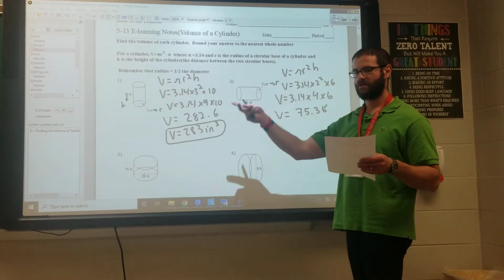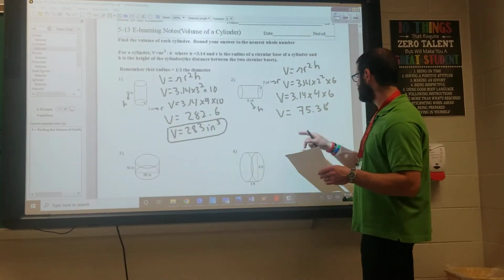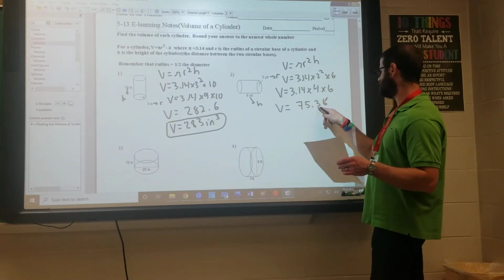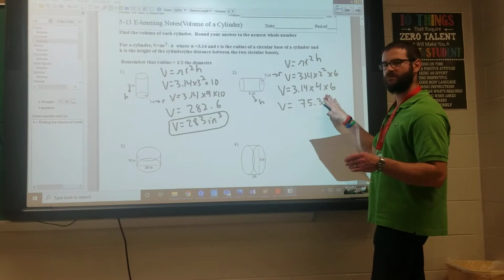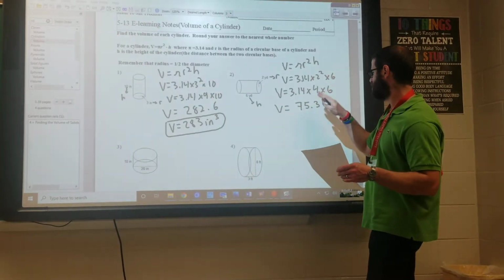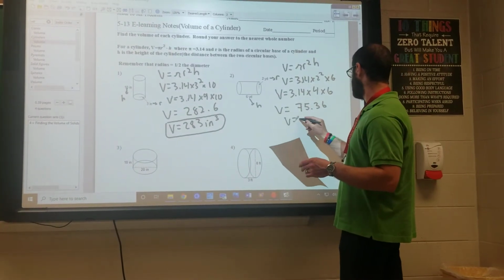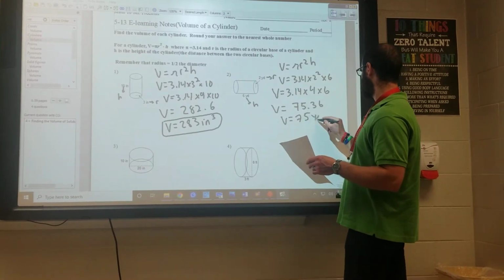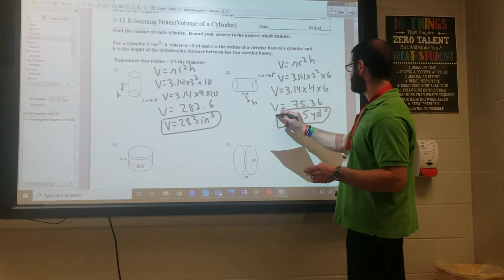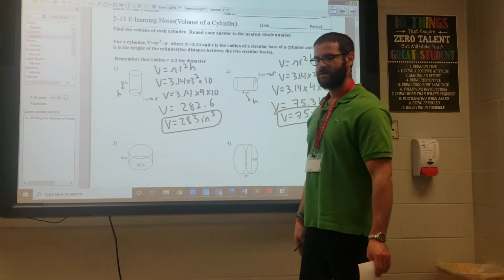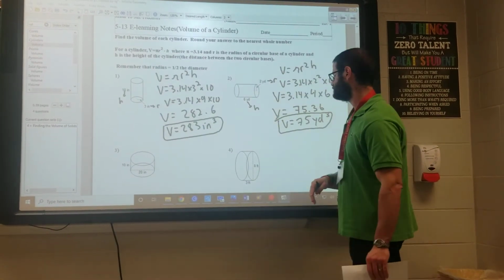Remember, we're rounding to the nearest whole number, so we just look at the first place after the decimal. Since that's less than 5, I round down to 75, so I would call it 75 yards cubed, or cubic yards. That's how much three-dimensional space is inside the cylinder.